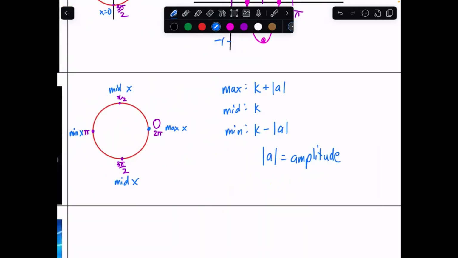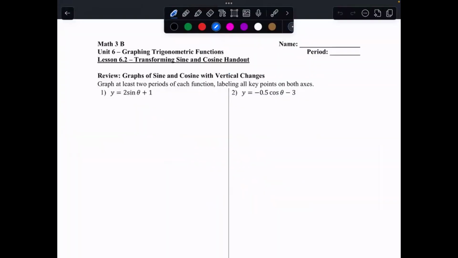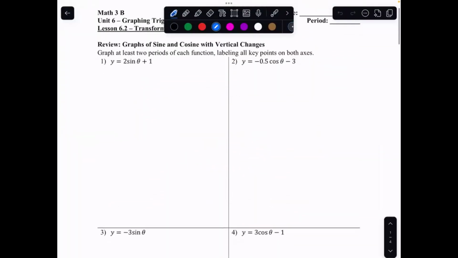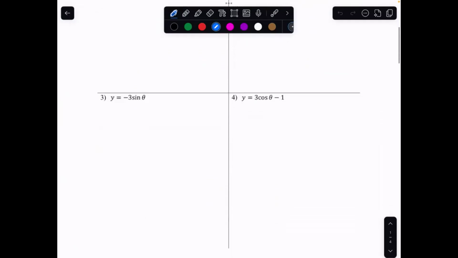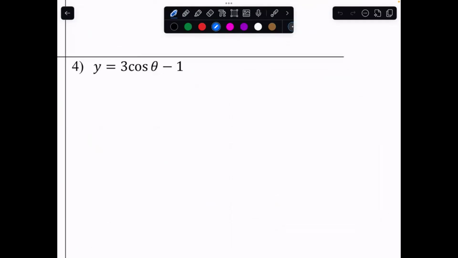So to practice this, let's go and look at the new handout you picked up today, the 6.2. Let's jump to problem 4, because this is a cosine one. We're going to graph y equals 3 cosine theta minus 1.